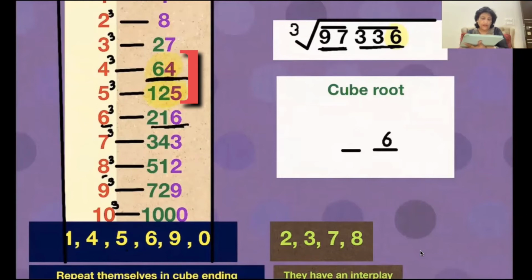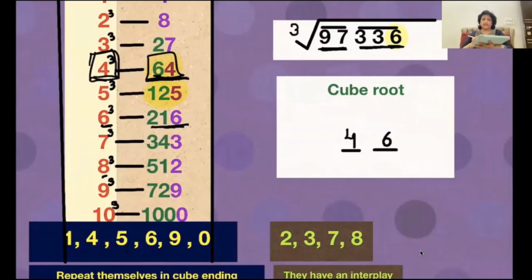So we will choose 4. 64 is 4 cube and the cube root of 64 is 4. So the digit at the tens place is 4. So the cube root of this number is 46. I hope you have understood.